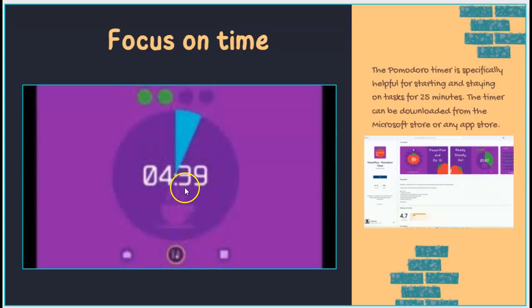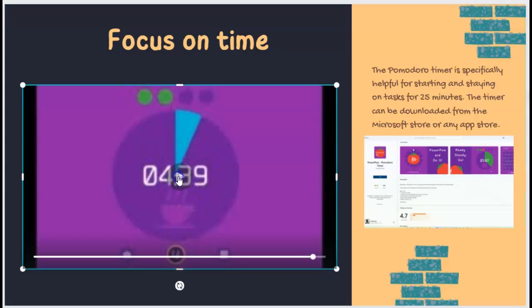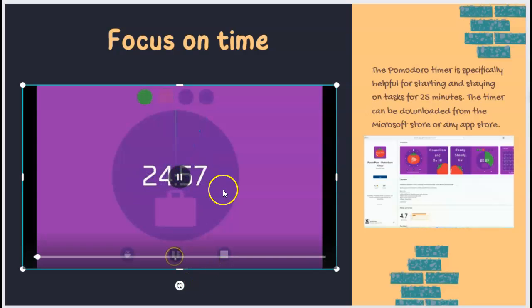This technique also has a timer that's involved. And this Pomodoro timer helps students to stay on task for about 25 minutes.